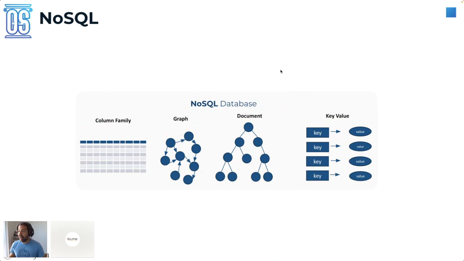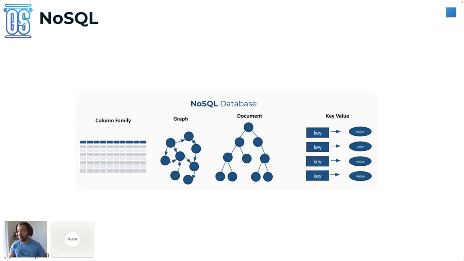Every time that I talk about Jakarta NoSQL, we need to understand first what NoSQL is and why we care about NoSQL databases. Briefly speaking, right now we have a huge number of NoSQL databases, over 300, and those are the most famous ones.